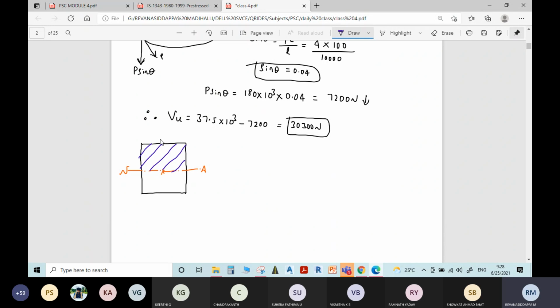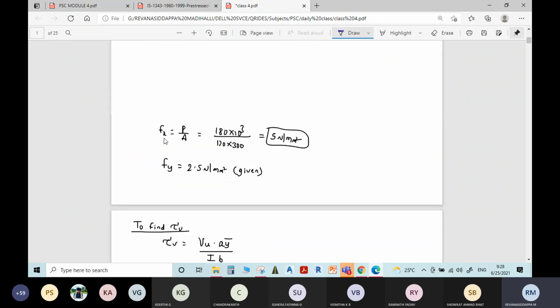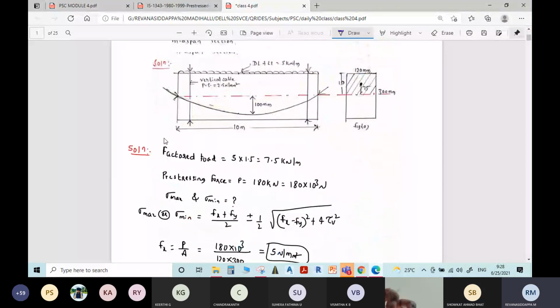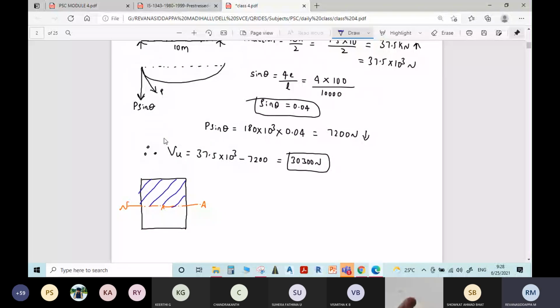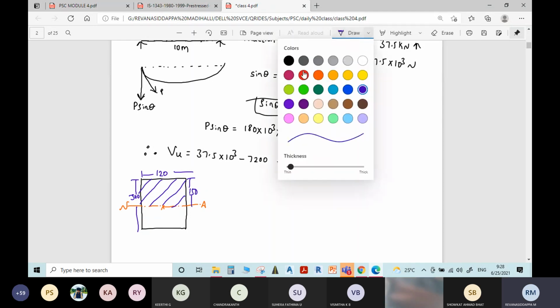Okay, the width of the beam is 120 by 300. 120 and 300. And this length will be 150, right?